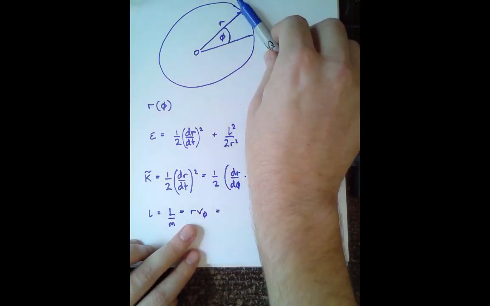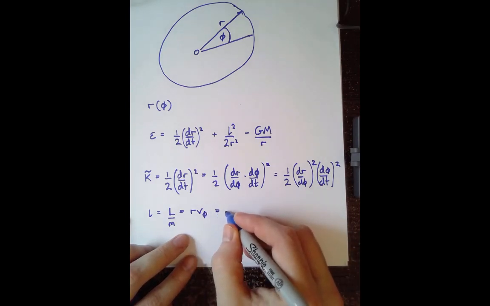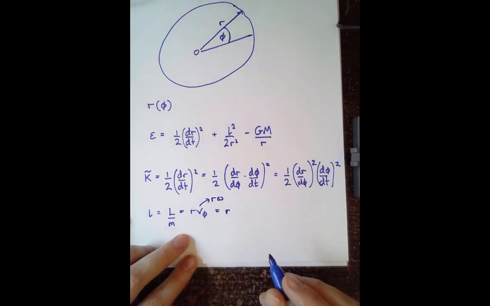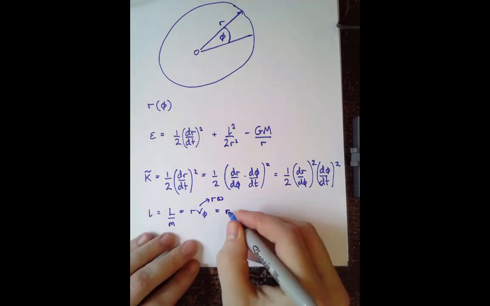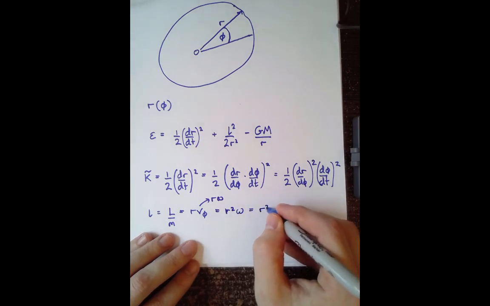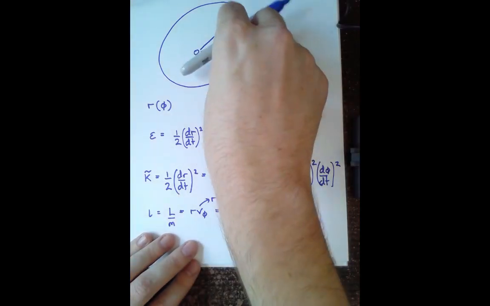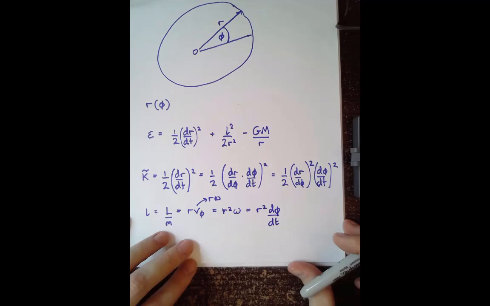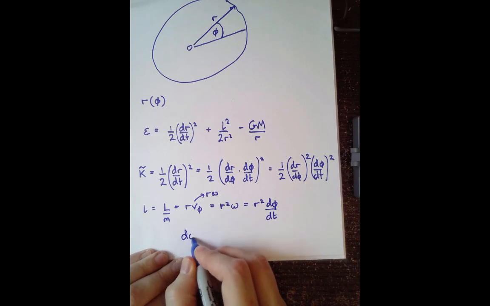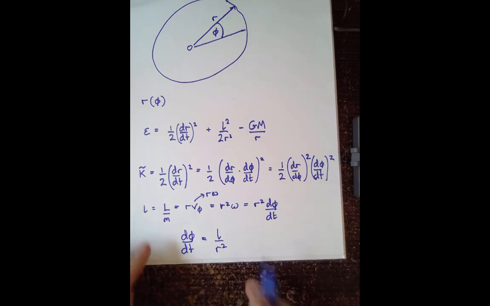Now v phi, the velocity tangential to the orbital path, is just r times omega, the angular frequency of the orbit. So this is equal to r squared omega, and omega itself is by definition dphi/dt. Omega is just the number of radians per unit time. So we can write dphi/dt as little l divided by r squared, just rearranging this equation.